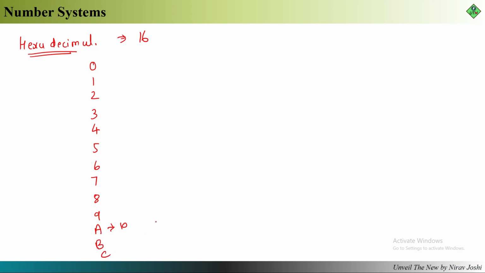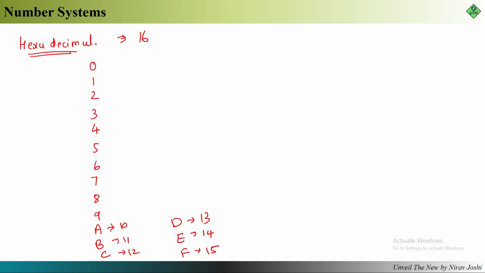Then B, C, D, E and F. So 10, 11, 12, 13, 14 and 15. So like this we have different number systems. Mainly we are going to focus on these 4 number systems, that is decimal, binary, octal and hexadecimal.